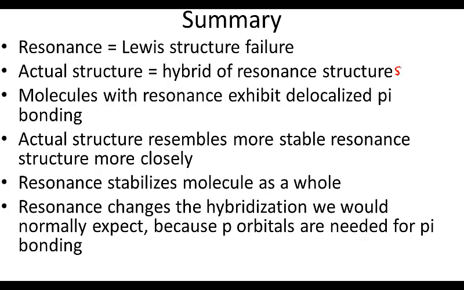The actual structure resembles the more stable resonance structure more closely, if one is more stable than the other. Resonance stabilizes the molecule as a whole, and resonance changes the hybridization we would normally expect. So, important concepts. We will revisit these all the time once you get past Module 6.